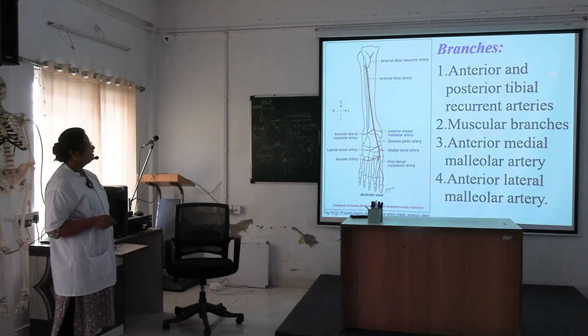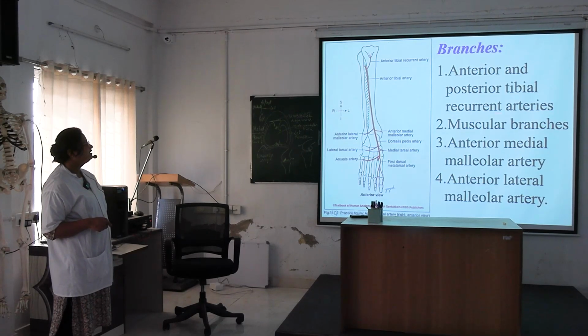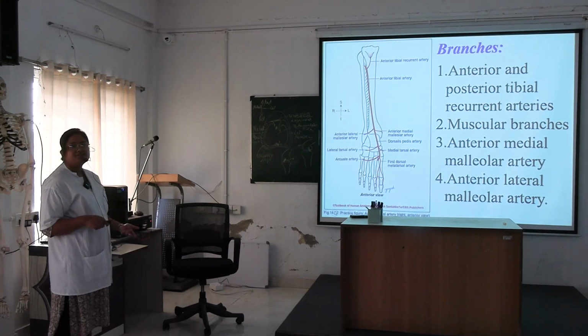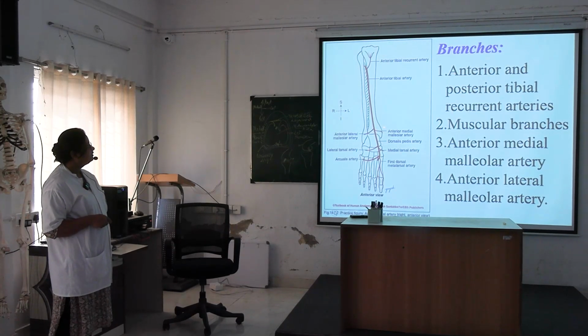These are the branches: anterior and posterior tibial recurrent arteries, muscular branches supplying the muscles of anterior compartment, anterior medial malleolar artery and anterior lateral malleolar artery.